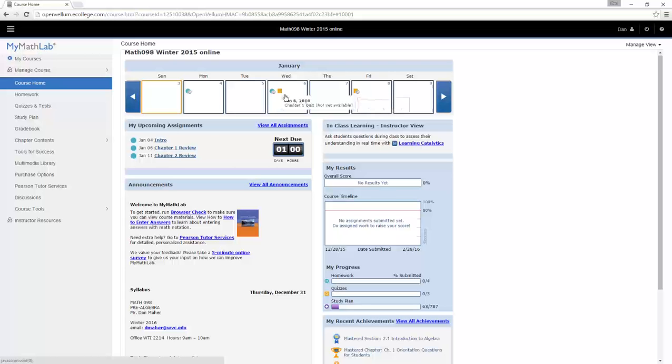Usually we'll have 3 attempts on quizzes. That does not need to be proctored. You can take it on your own, and I wouldn't hesitate, even if you don't feel very comfortable with the material. I would go ahead and take that first quiz, because I only take the best score out of the 3 attempts, or as many attempts as I allow you to take.